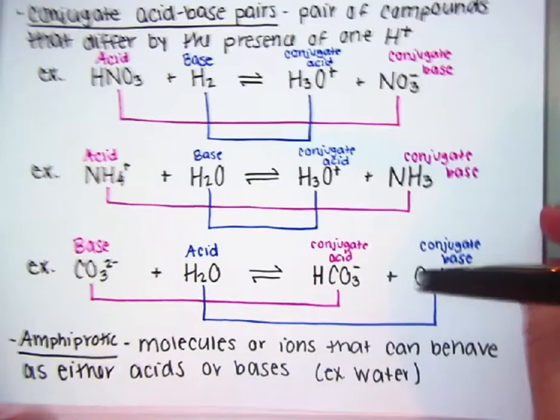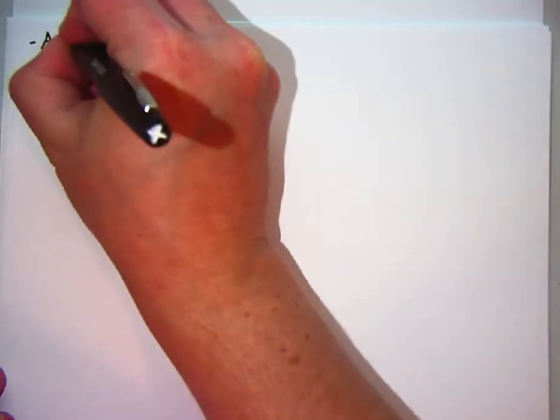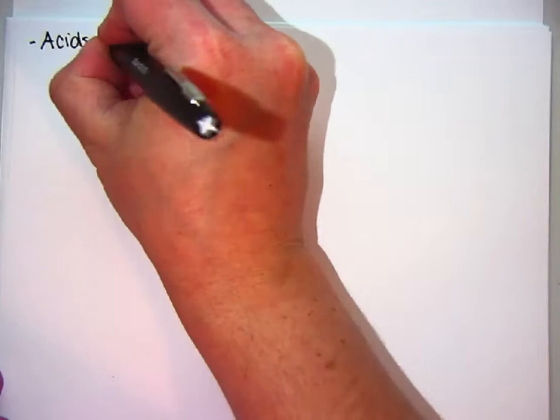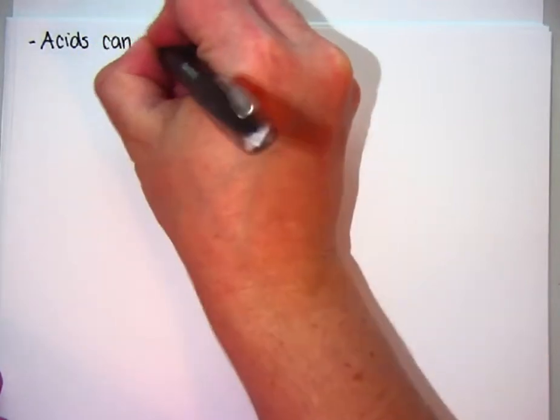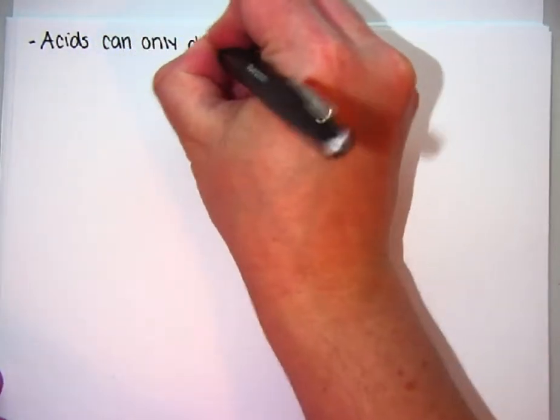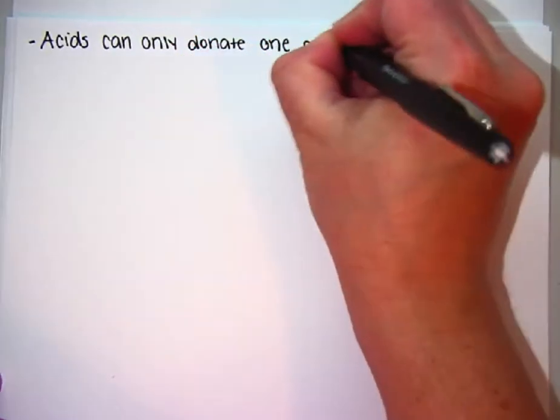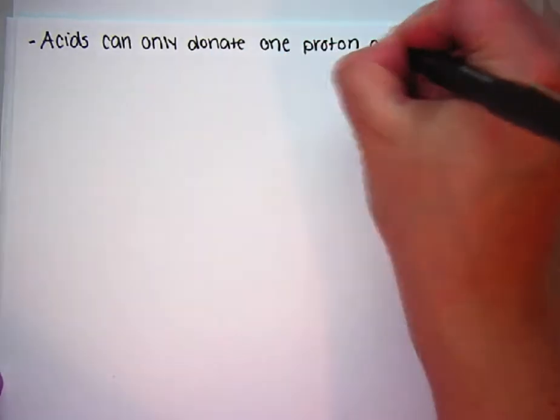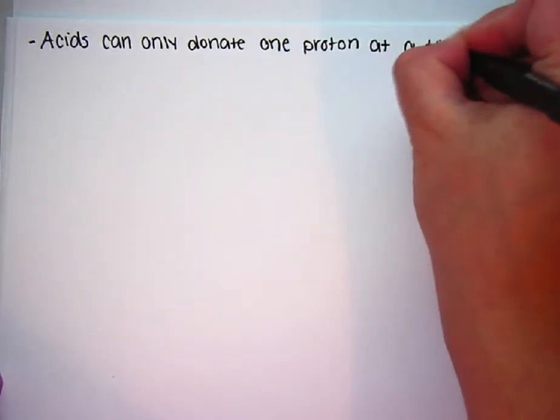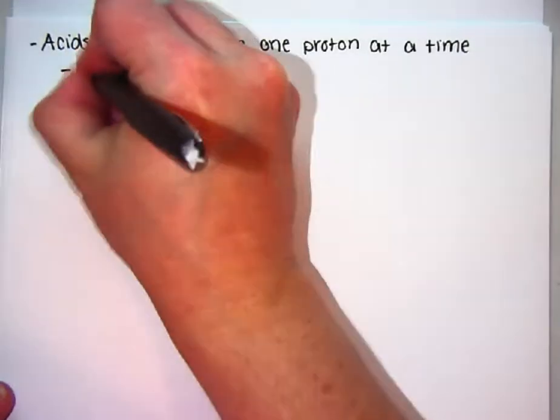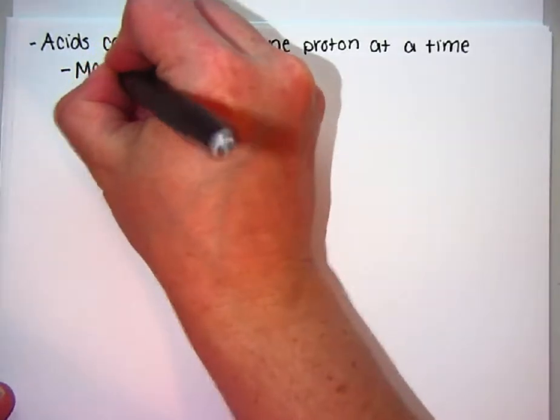All right, there's a few more terms that I want you guys to be familiar with. And we talked about this a little bit when we did titrations. Acids can only donate one proton at a time. And a few terms to know. Monoprotic.